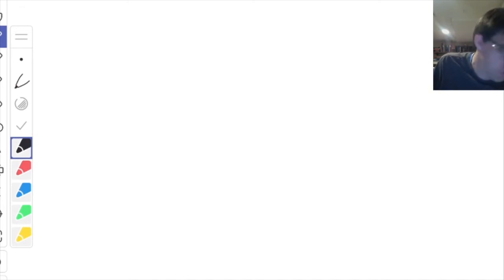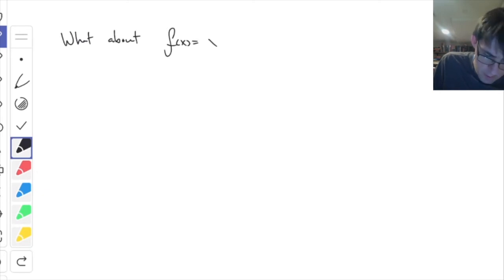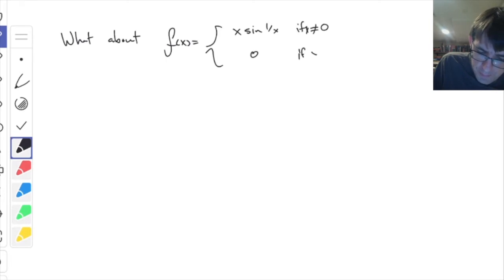I would like to know about one of my favorite functions, f of x equals x sine 1 over x. Remember this guy? Or 0. If x is non-zero, the formula is x sine of 1 over x, and then 0 if x is 0.